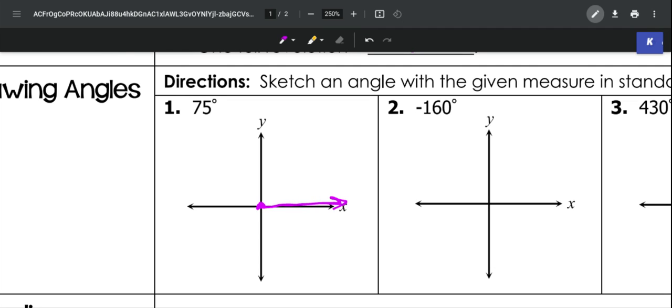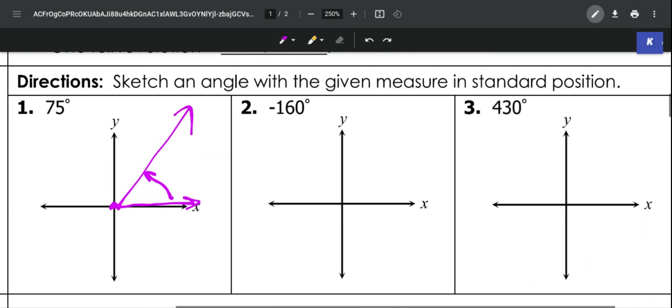Now, this is going to open up 75 degrees, and it's going to go counterclockwise. So it's going to go this way, which 75 degrees would be about right there. And then our terminal side is just going to be wherever that 75 degrees is. That's where it opens up. So our angle would be right there, and that's what that would look like.